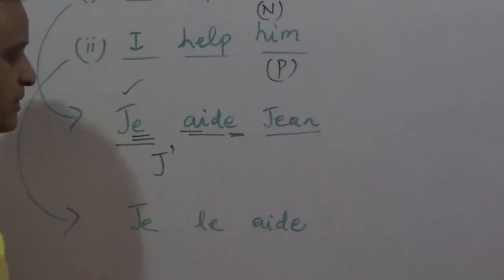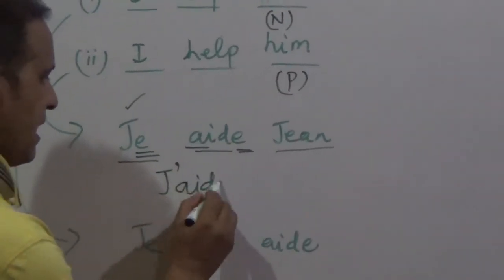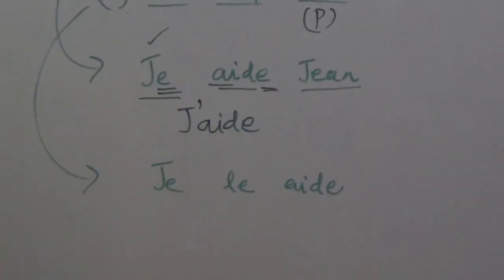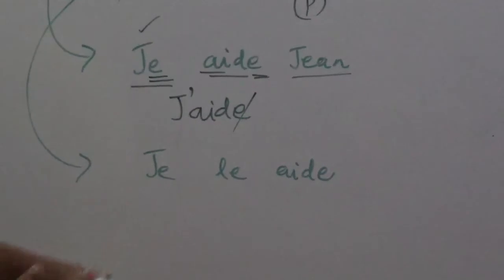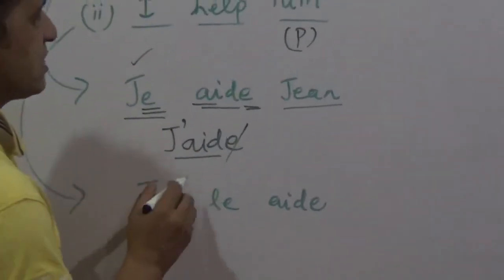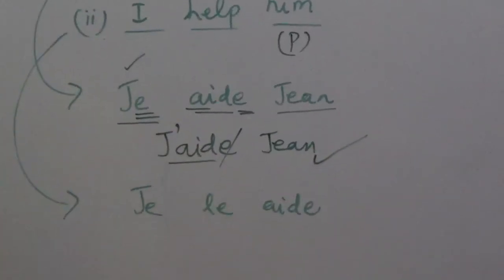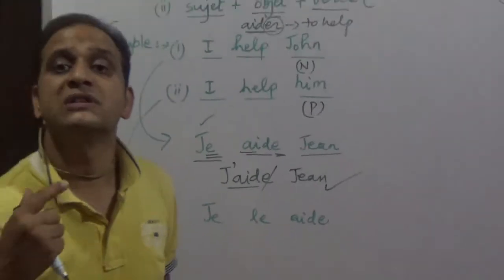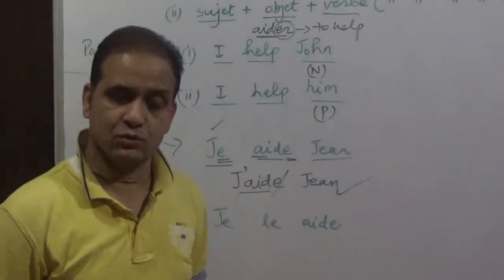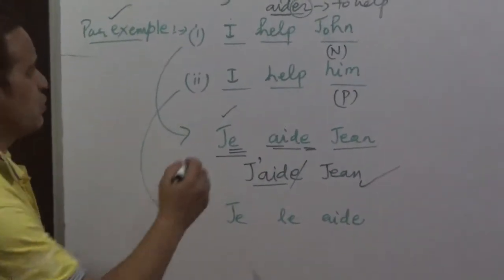So here it will be replaced by an apostrophe, and then both the words will be written and spoken together. The last E is always mute, so you will just read this much: j'aide Jean. So I help Jean. How will you say it in French? J'aide Jean. I hope you have understood it. Okay, very good. Now let us do the second one.